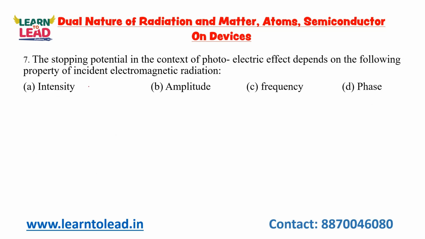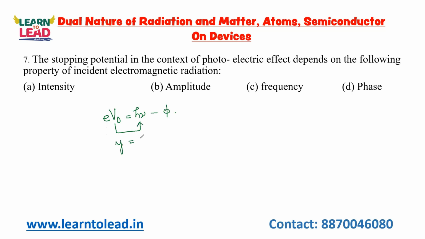Now, the stopping potential in the context of the photoelectric effect depends on which property of the incident electromagnetic radiation? They are asking what the stopping potential depends on. What formula do we know? We know that e V naught is equal to h nu minus phi.